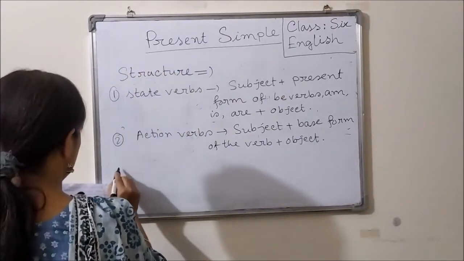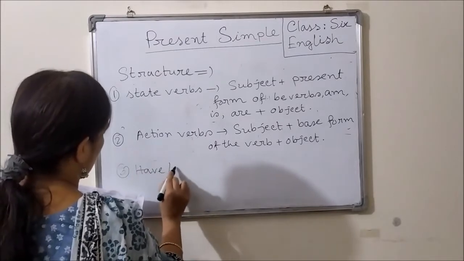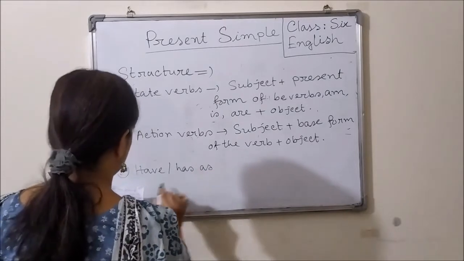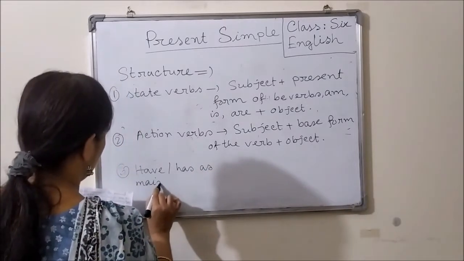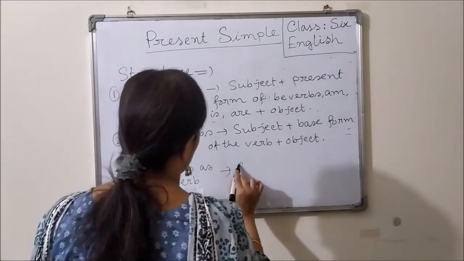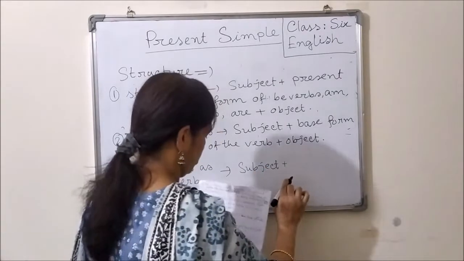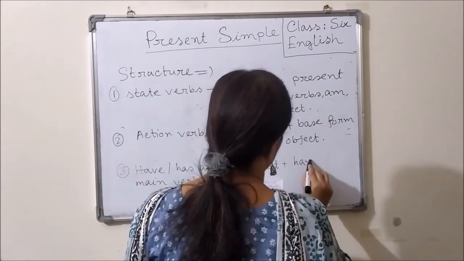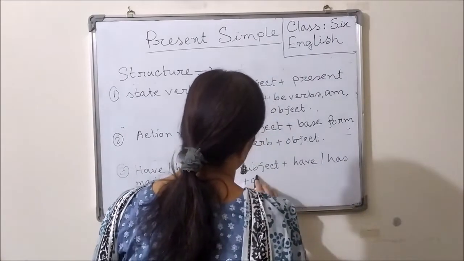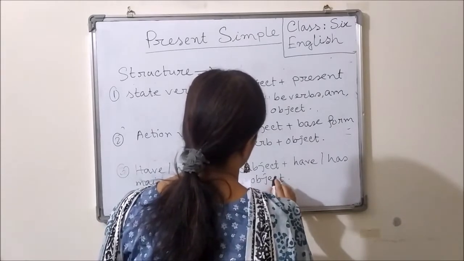The last one is have or has as main verbs: subject plus have or has plus object.